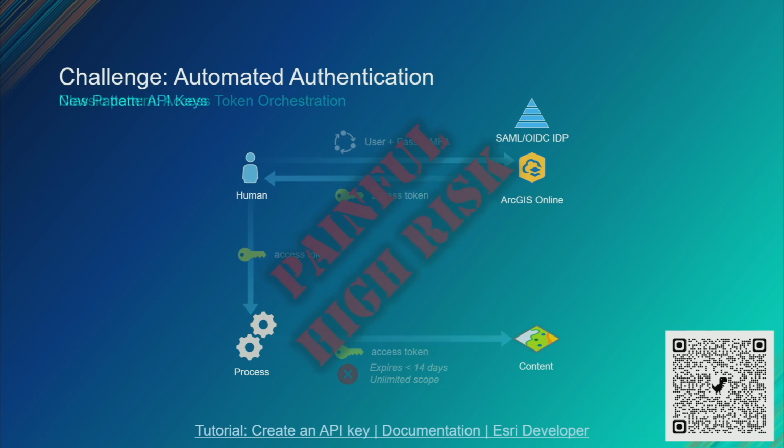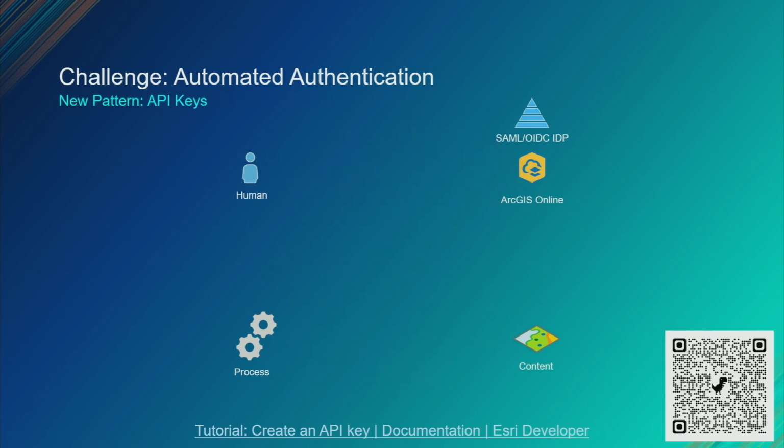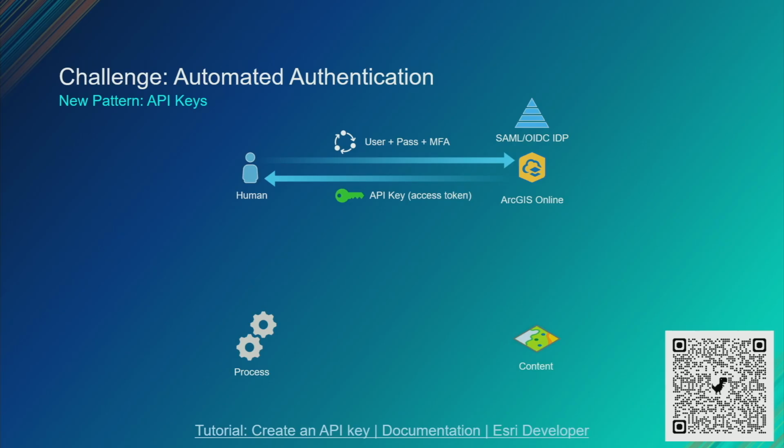So this new feature that came out, again, July of last year and is now available in 11.4 Enterprise, has a very similar flow. User logs in to SAML or ArcGIS Online directly as a local user account, whatever, any flow you want, but you log in, you're going to get an API key.